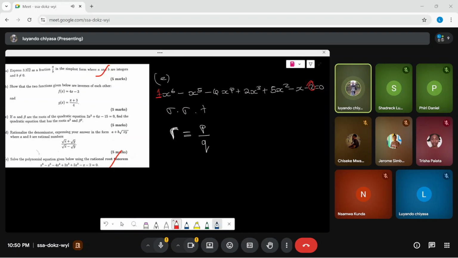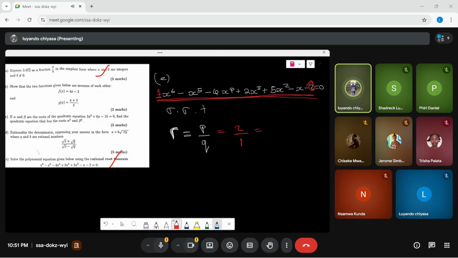So according to the rational root theorem, the possible roots of this polynomial are equal to the factors of P, which is 2, divided by the factors of what? The factors of Q, which is 1. So what are the factors of 2?